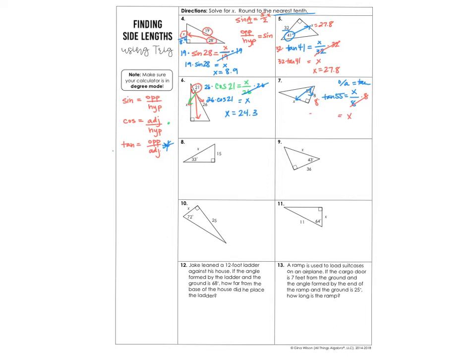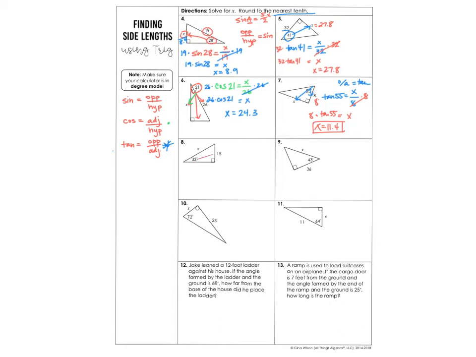So you're left with x equals 8 times tangent 55. So on the calculator, 8 multiply tangent, in your parentheses 55, end it, and hit equals, and you get 11.4. Okay, now let's look at number 8.